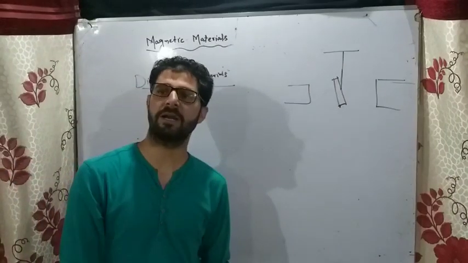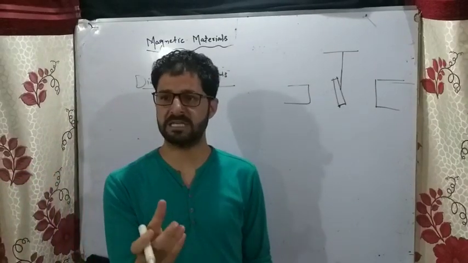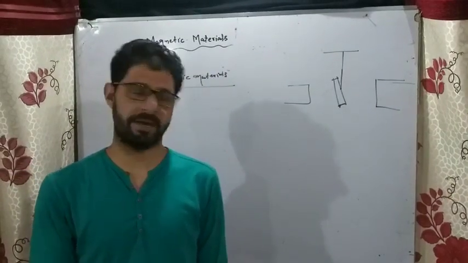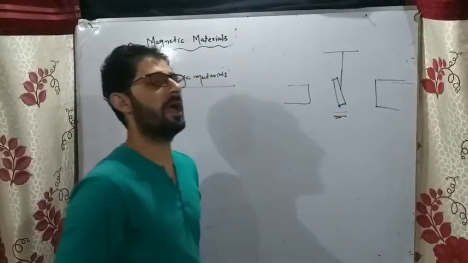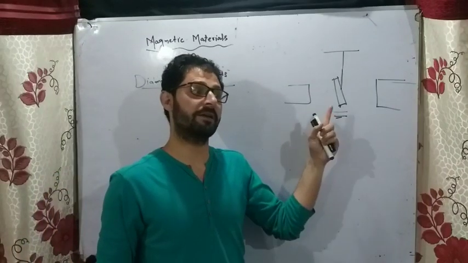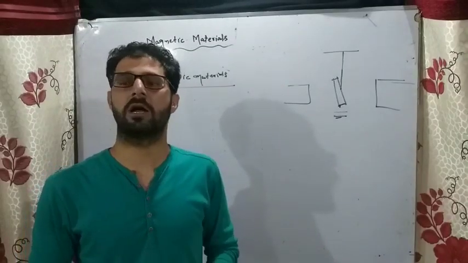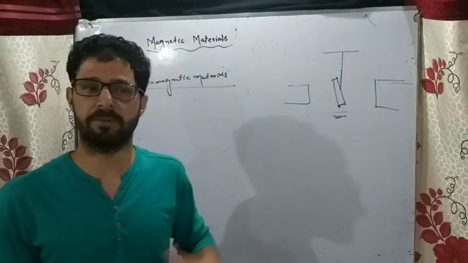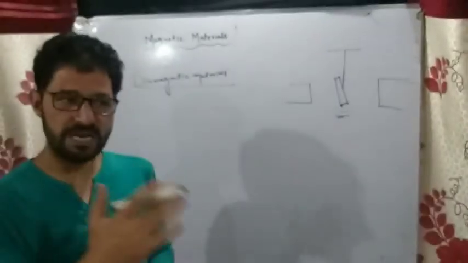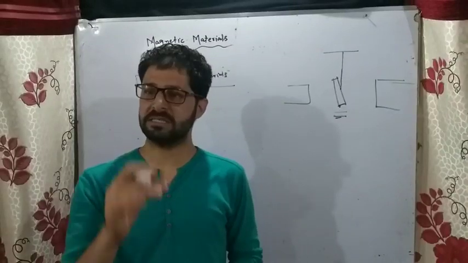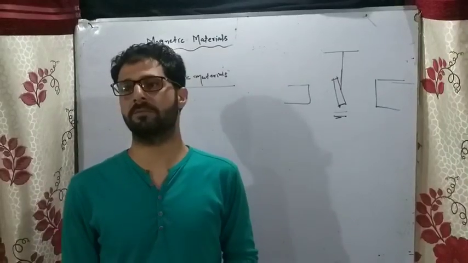Whereas a freely suspended paramagnetic rod sets itself slowly in the direction of the applied magnetic field, a diamagnetic rod sets itself slowly perpendicular to the direction of the applied field.